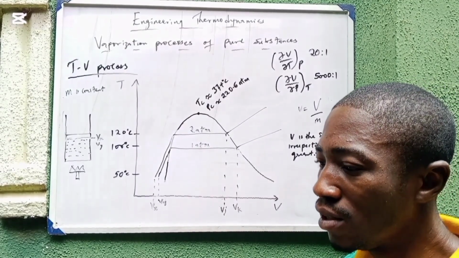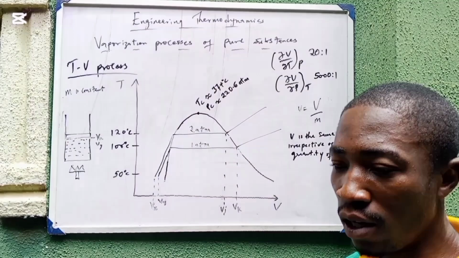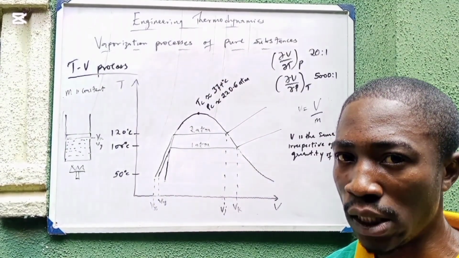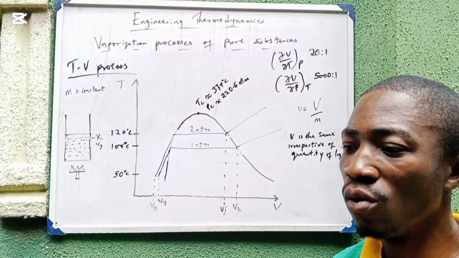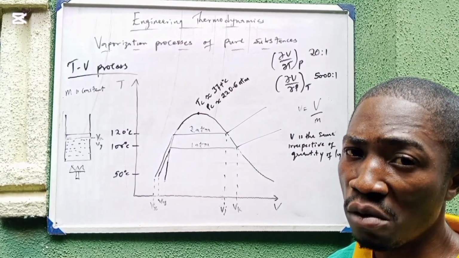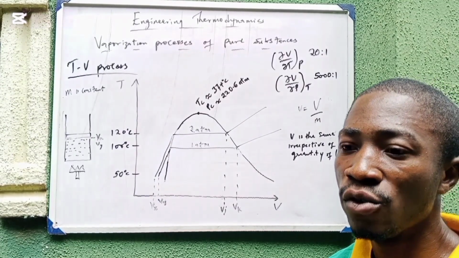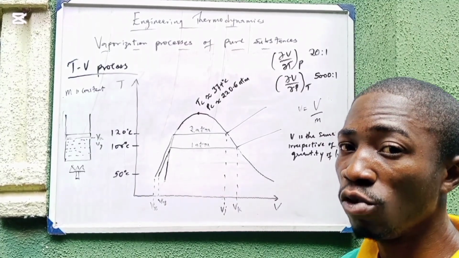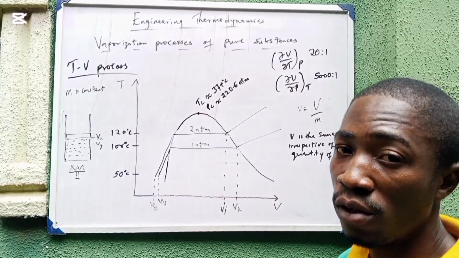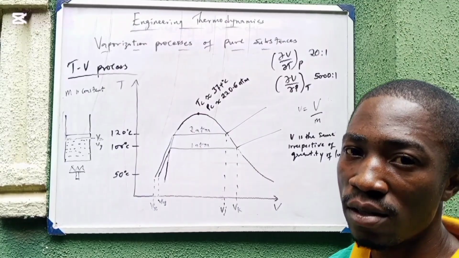You can imagine working with a glass of water, 2 glasses of water, 3 glasses of water, because the change in volume is always proportional to the quantity of water. So you would want to know the volume increase for 1 glass, for 2 glasses, for 3 glasses, and that will not make sense.